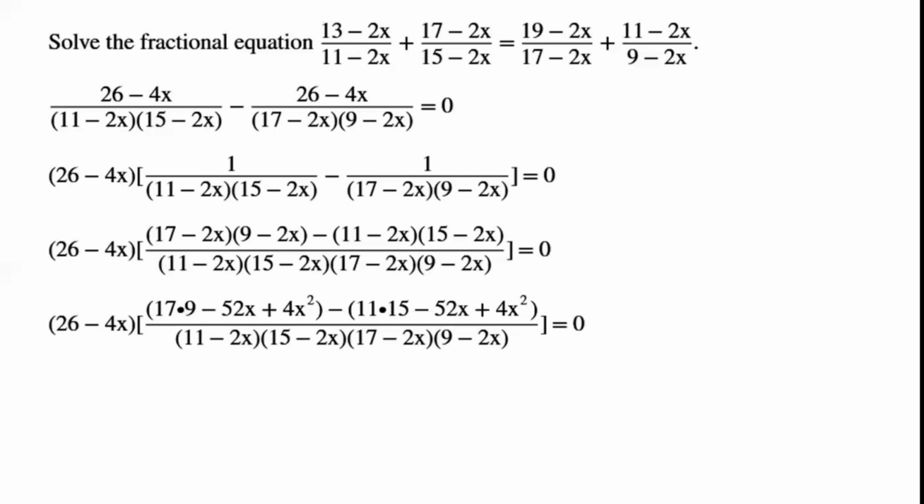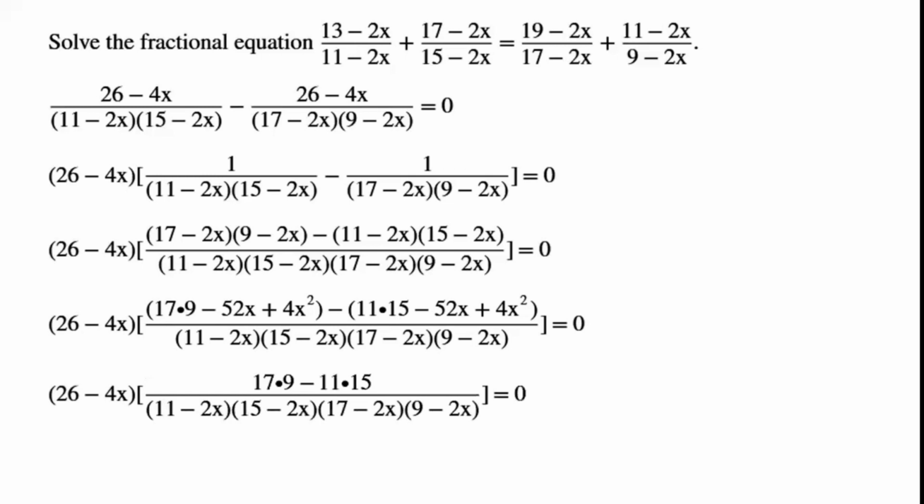By expanding the numerator, we can now write 17 times 9 minus 52x plus 4x squared, minus 11 times 15 minus 52x plus 4x squared.